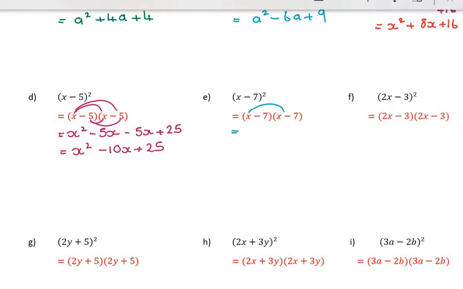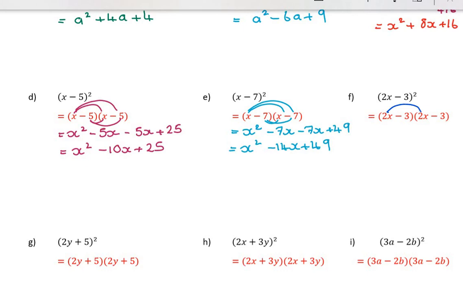So x squared minus 7x minus 7x plus 49. So that's x squared minus 14x plus 49.